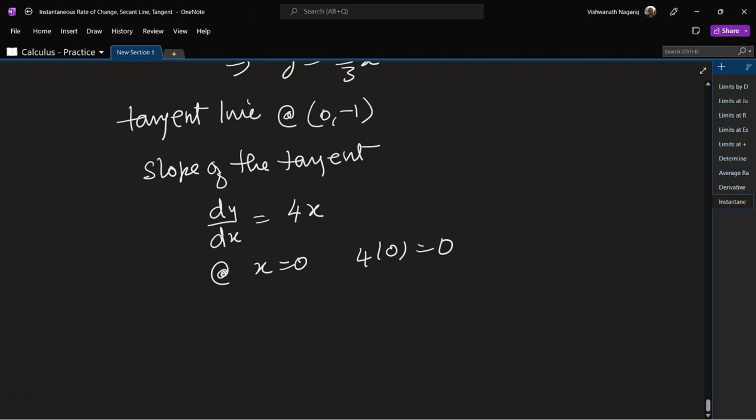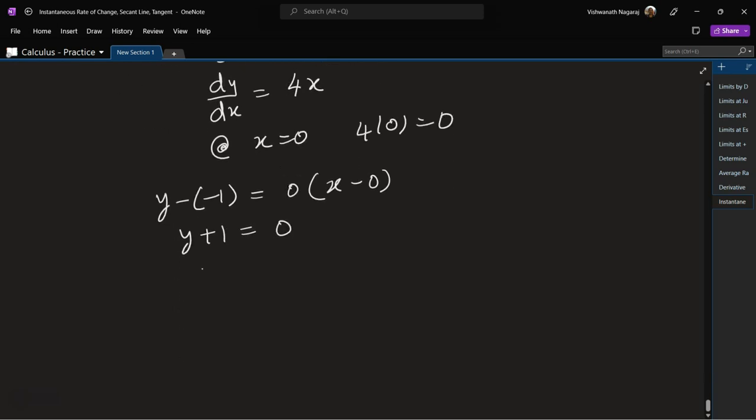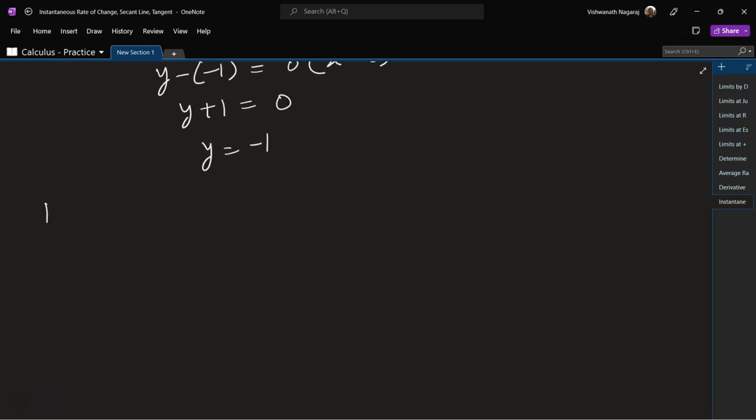So slope is 0. Therefore, the equation of the tangent would be y minus minus 1 is equal to 0 times x minus 0. So y plus 1 is equal to 0, which means y is equal to minus 1. Okay, finally, the 18th one. y is equal to x square plus 2.